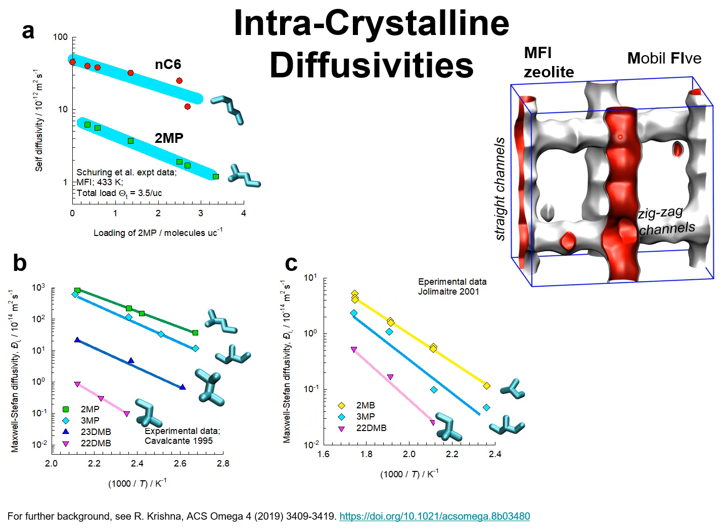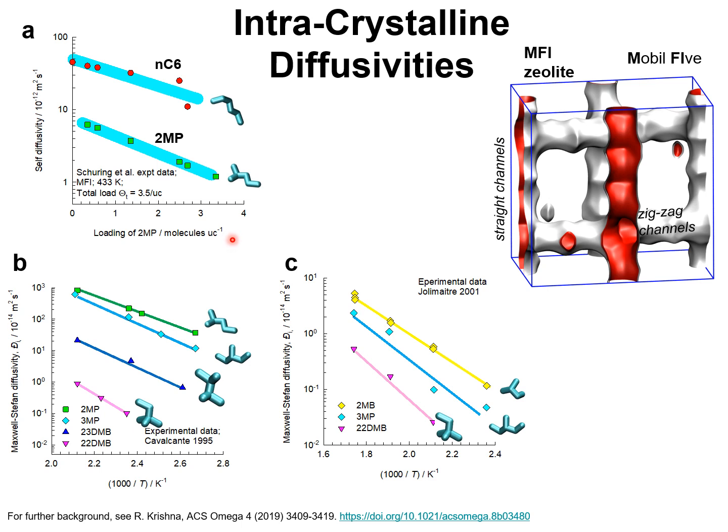Within the intersecting channel structures of MFI zeolite, the channel dimensions are 5.5 angstrom in size, and the normal hexane is less strongly confined within these channels than the monobranched and dibranched isomers, and the diffusivities decrease by 1 to 2 orders of magnitude with increased degree of branching.